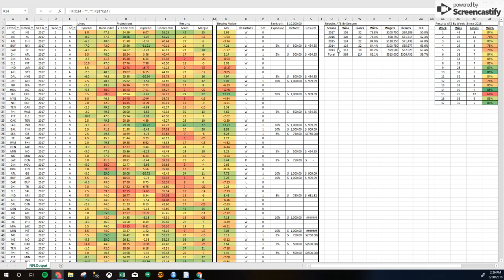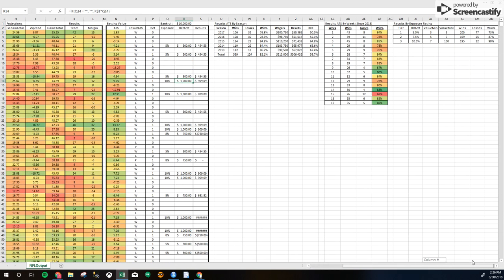Once we got all of these in here, we created some tables that look at the results and tell us our win percentage and things like that. This one is broken out by season, so each season has a significant win percentage. These are also, like I said, based on whatever you have this bankroll setting at.